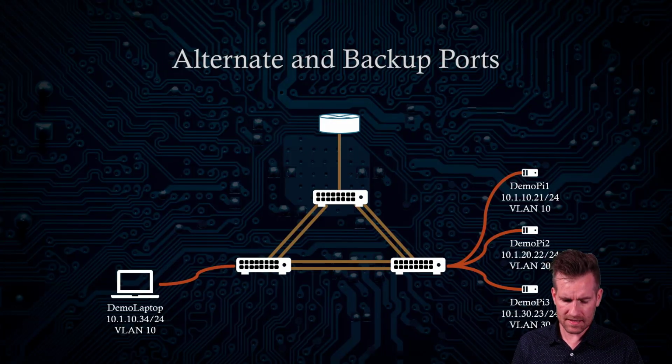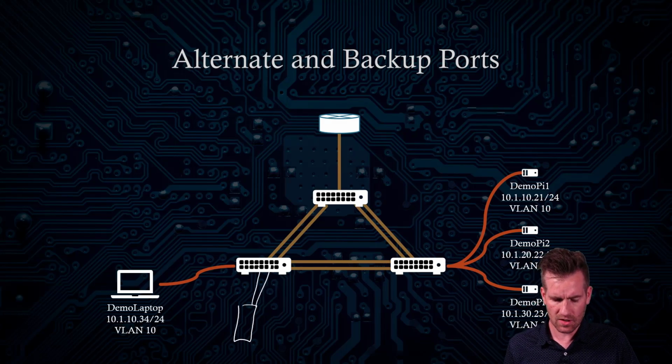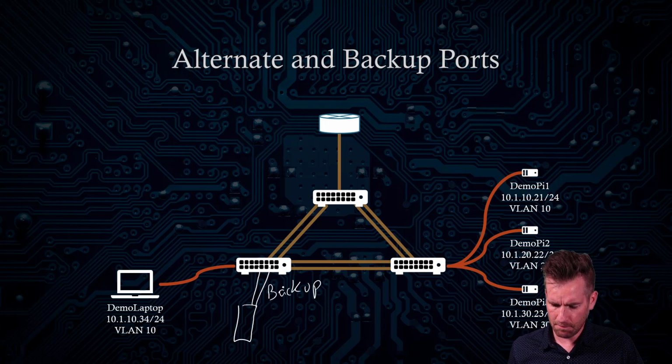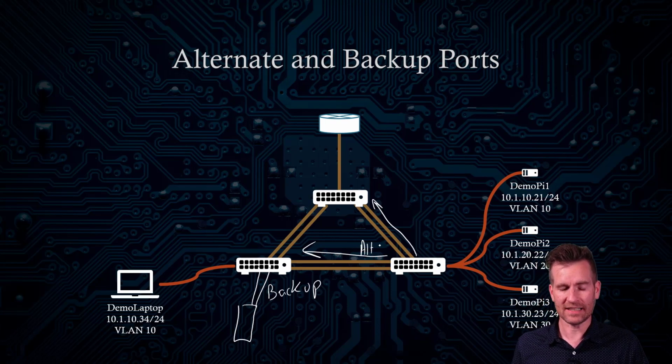So maybe you have something like a server that's sitting off to the side and it has multiple links into your switch. That would be considered a backup port with this, versus an alternate port, which would be a secondary route to that root bridge. So this is an alternate route for other devices to go.